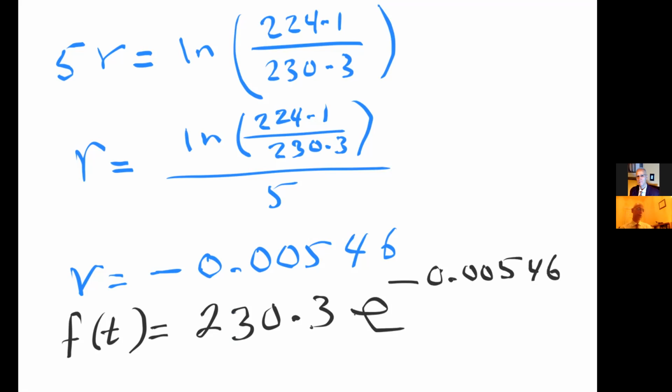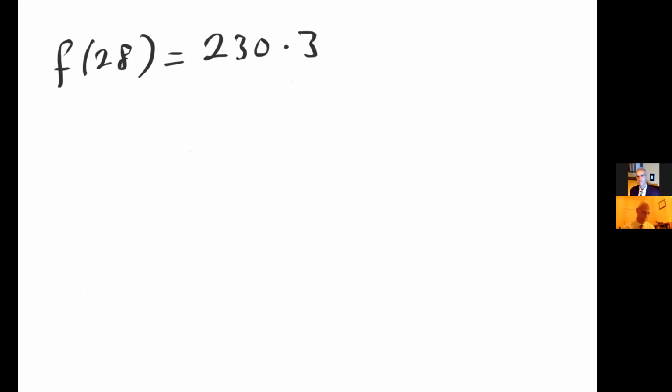And part B of this question was asking, what's f of 28? Let me go to the next page. And so f of 28 equals 230.3 e to the power of negative 0.00546 times 28.